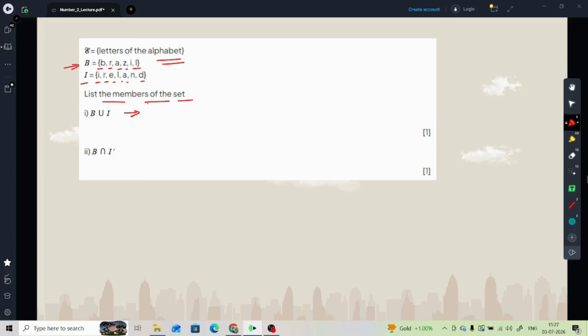So that's very simple. You just have to write down all the elements present in both without any repetition. So you can write it like this first: B, R, A, Z, I, L, then I, R, E, L, A, N, D. Now you need to remove the repetitive elements. B is only one.